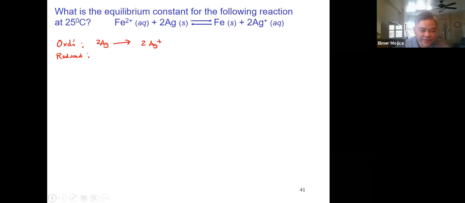If you lose electrons. Does that make sense? And then this one is Fe2+ plus 2 electrons, so I have to put here 2 electrons, producing Fe.